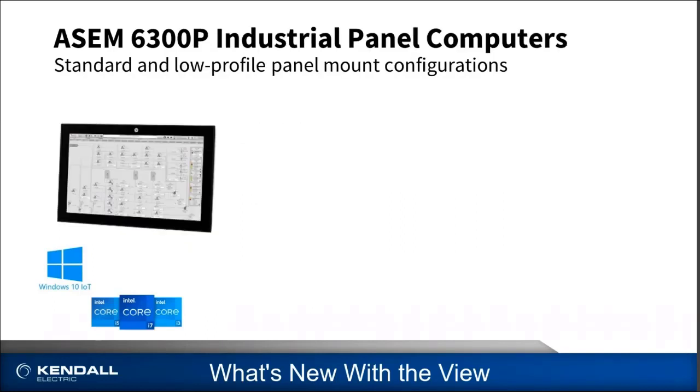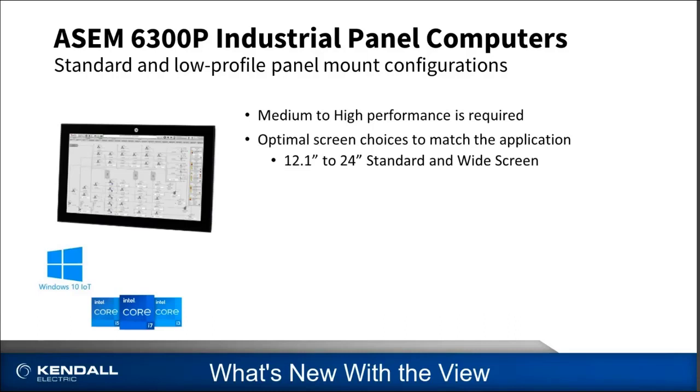Next up is our Awesome 6300P or industrial panel computers. These are intended for HMI and third-party applications where medium to high performance is required while offering a combination monitor and PC design. Like I mentioned earlier, these can be used as a touchscreen alternative by running FactoryTalk Machine Edition or Site Edition.